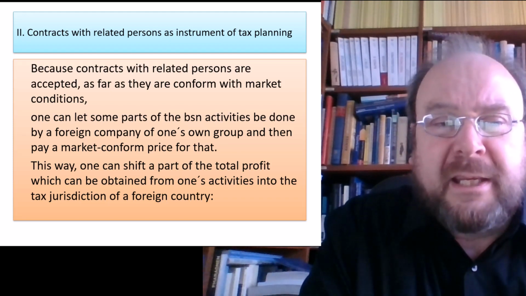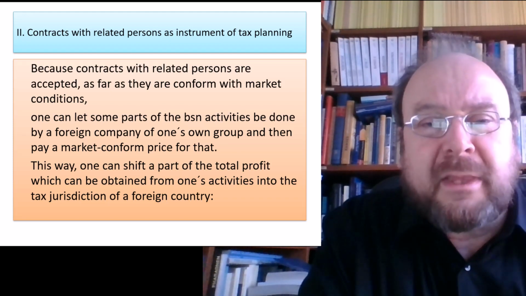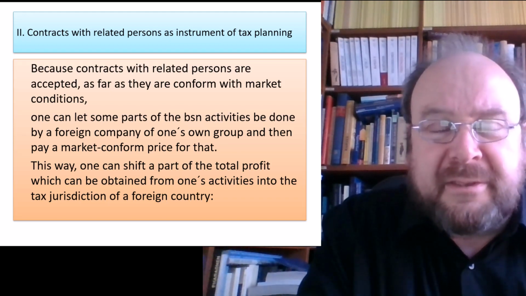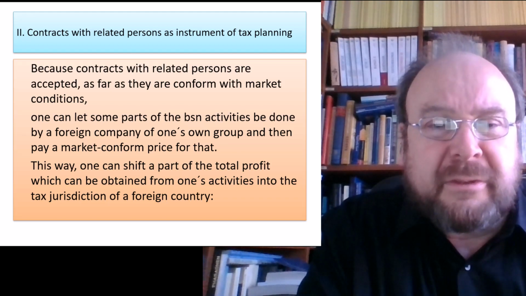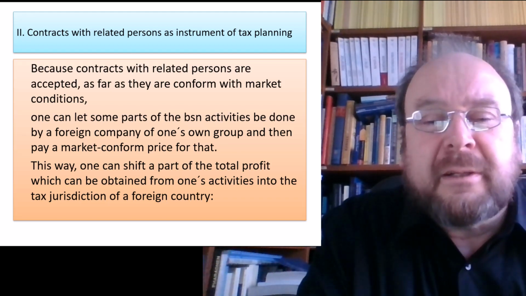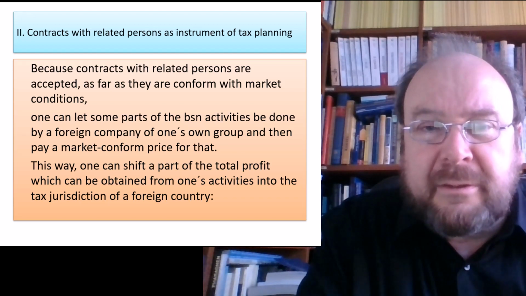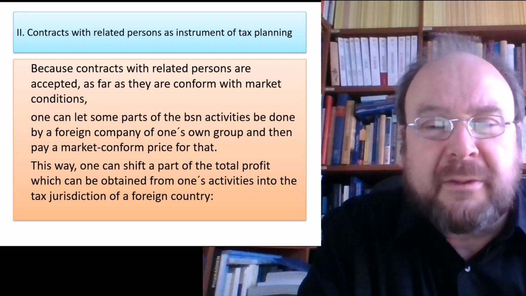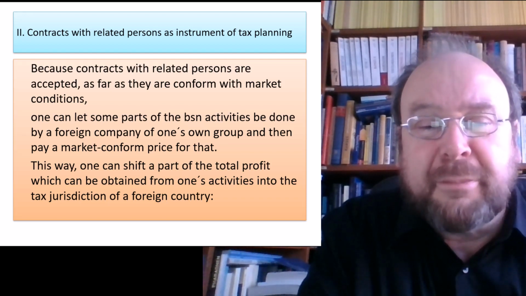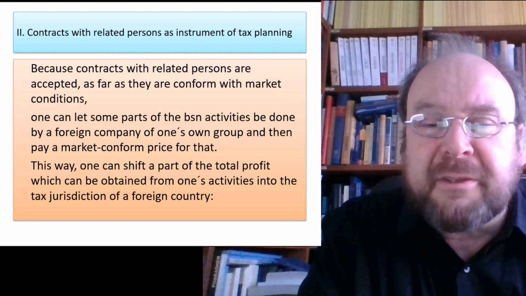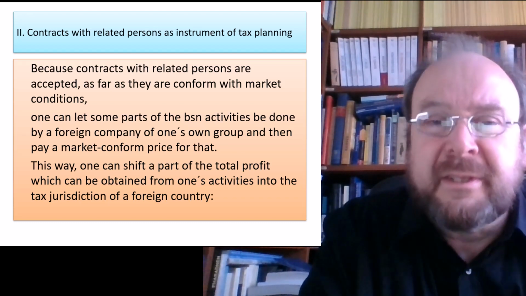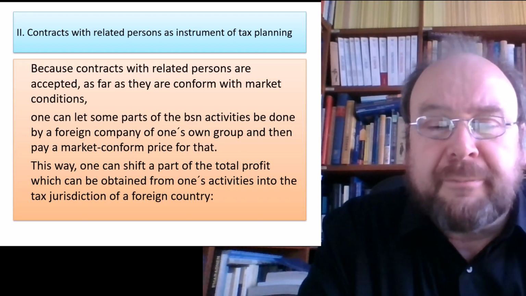So as you can do this, you can now establish a second company and make a contract with that second company, probably in a foreign country, and then you can make agreements that a part of your business activities will in the future be done by that foreign company, and you pay a market conform price for those activities to that foreign company.